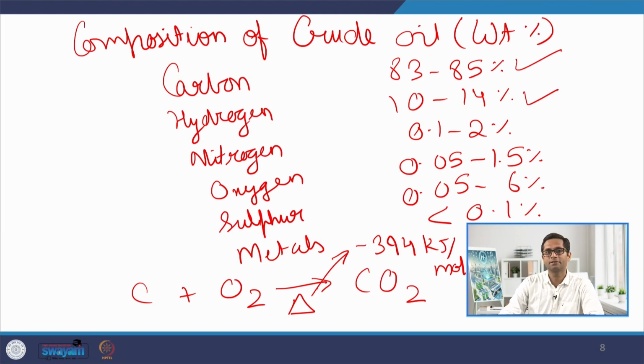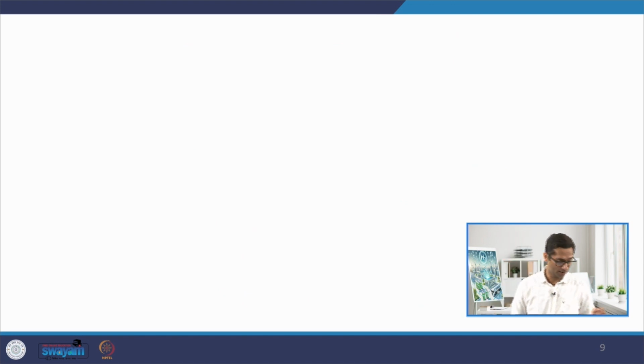As such, the reaction is very complex, involving a lot of radicals and other side reactions, but for the sake of simplicity, I am assuming that this is an overall reaction that is occurring, and for the production of CO2, this is the amount of energy that is released. Further, we have understood in the earlier studies that you would have done that we can convert moles into volume.